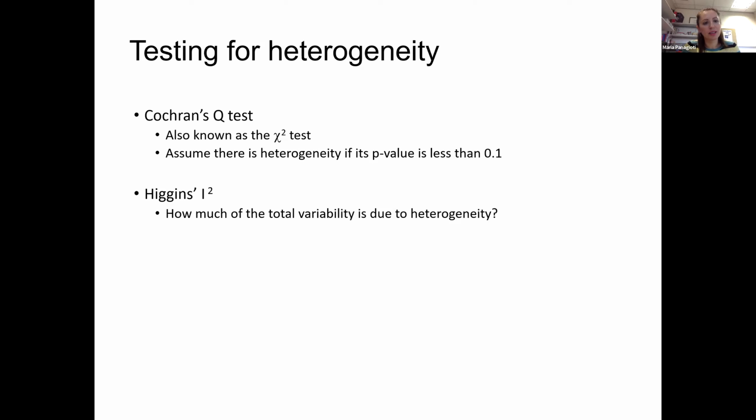So these two statistics have different roles. The first one tells you whether there is heterogeneity or not, and the second one tells you the levels of heterogeneity. Typically, we mostly use I-square, but we also recommend that you add Cochran's Q as well. And when I say levels, there are actually percentages of heterogeneity.